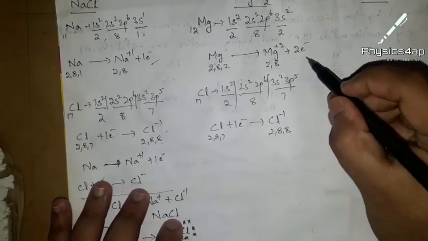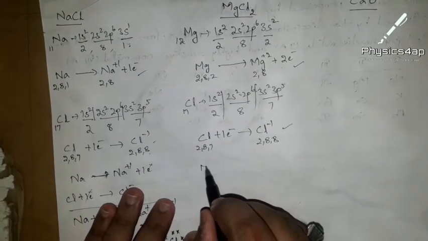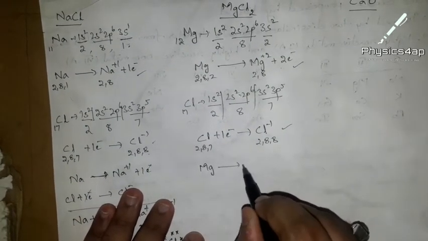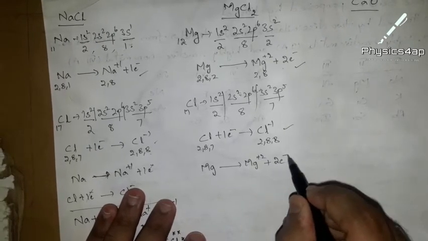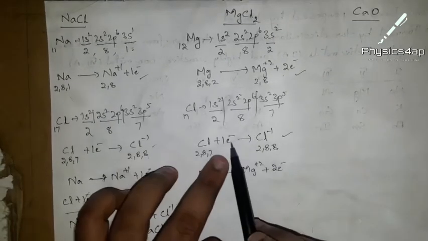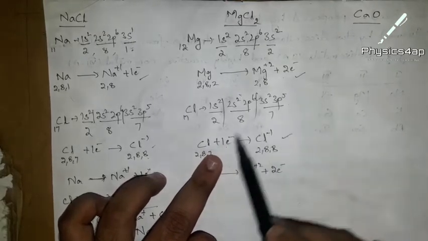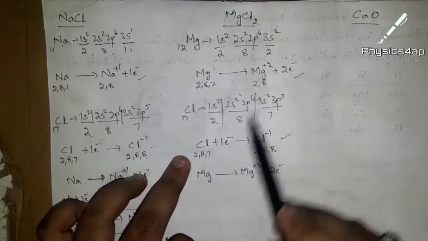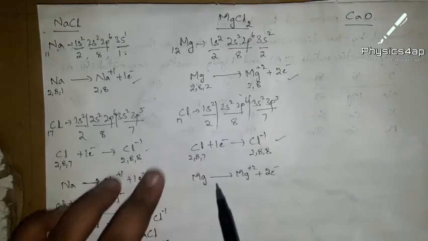Now when we combine these two equations, like in mathematics, Mg gives rise to Mg2+ plus 2 electrons, and as you see, here we have 1 electron but there we have 2 electrons. Now we have to balance the electrons. We multiply this equation with 2.